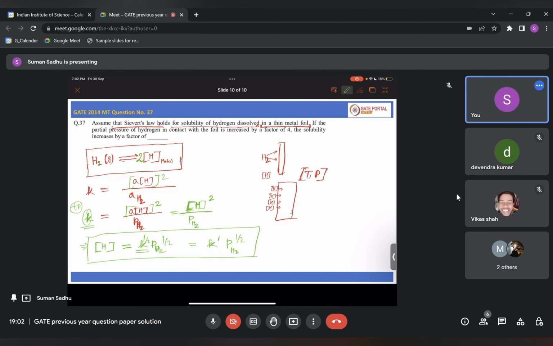That means the amount of dissolved hydrogen at constant temperature and pressure is proportional to the partial pressure of hydrogen to the power half, or the square root of the partial pressure of hydrogen. So this is basically Sievert's law.